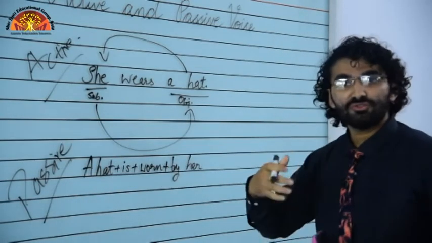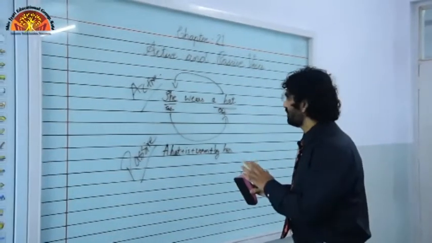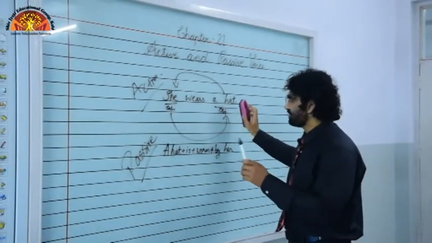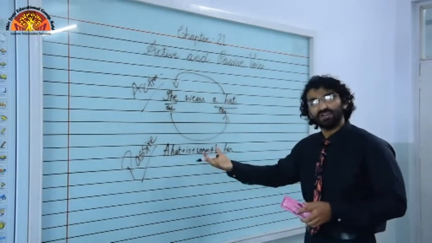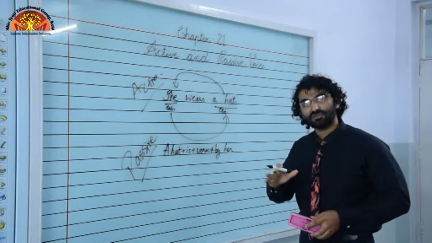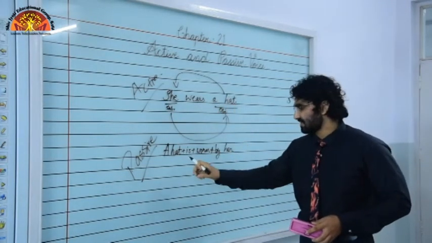Okay? We are going to go through some other examples because I think this is not enough to make you understand the whole concept of it. So rule number 1, interchange the places. Rule number 2, bring in the helping verb according to the tense. Here we have simple present, so we have brought in is.